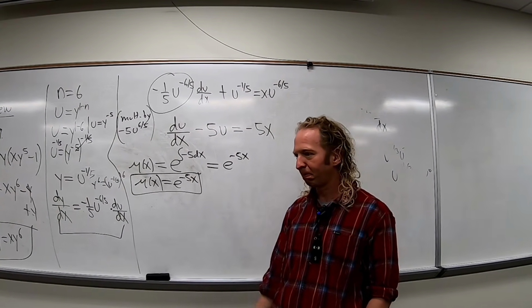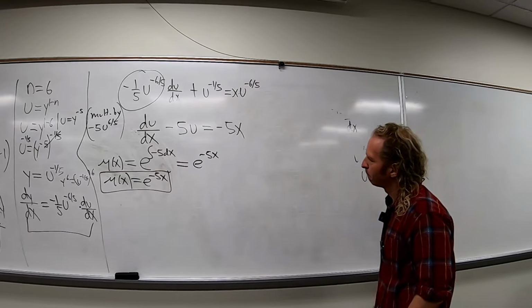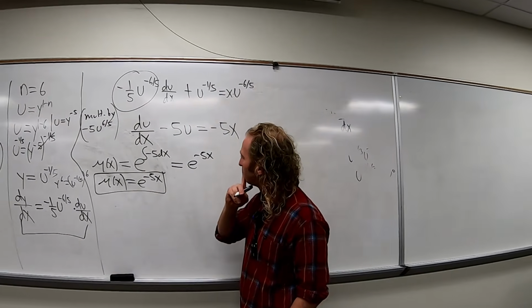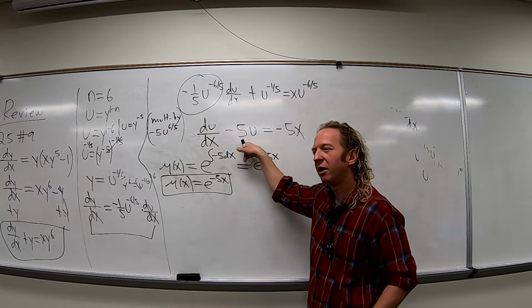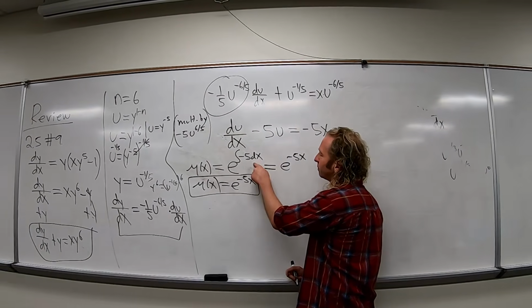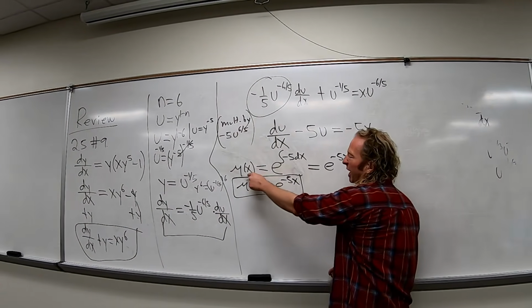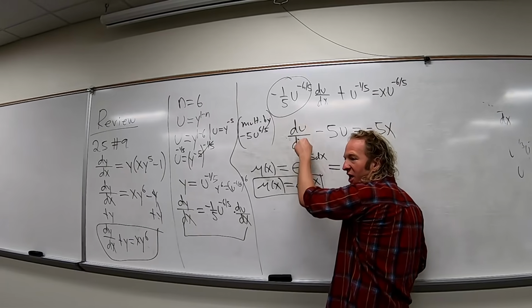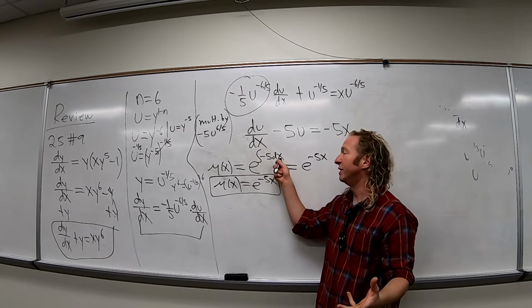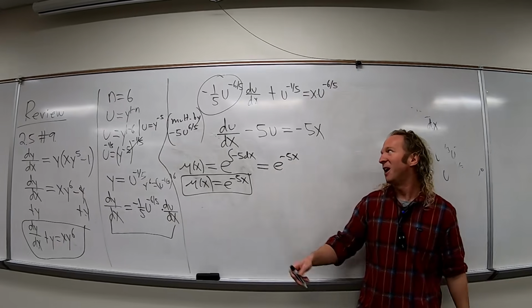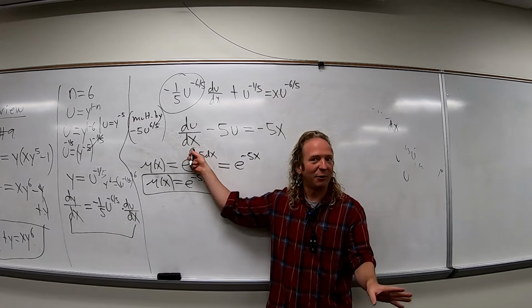The integral above the e, why is that negative 5? It's this P. It's whatever is here. Okay, but wouldn't you do negative 5u? No, it's always with respect to x in this case, because it's du dx. If it was dr d theta, it would be d theta. If it was dy dt, it would be dt.